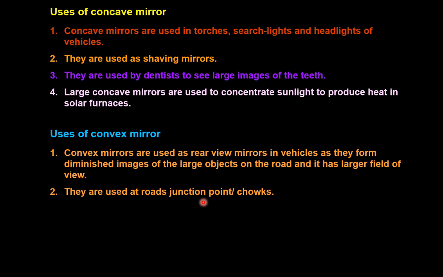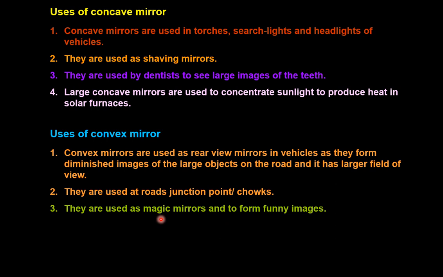Next, they are also used as magic mirrors to form funny images. In a particular arrangement, the convex mirror can form some magic and funny images, which we call a magic mirror.